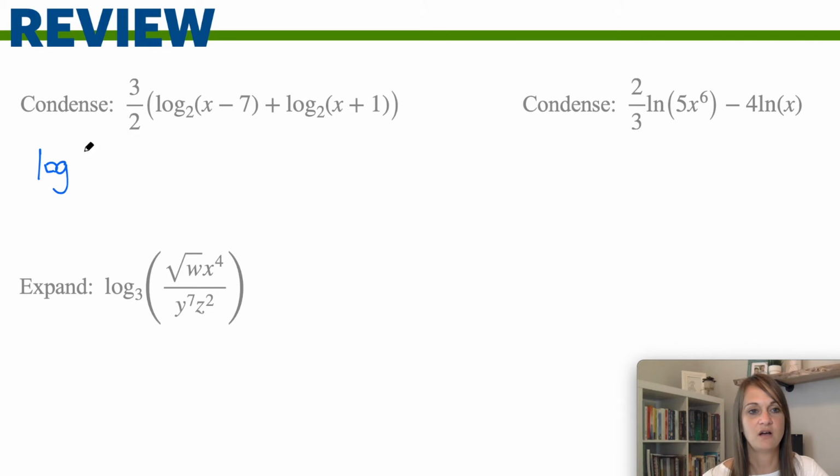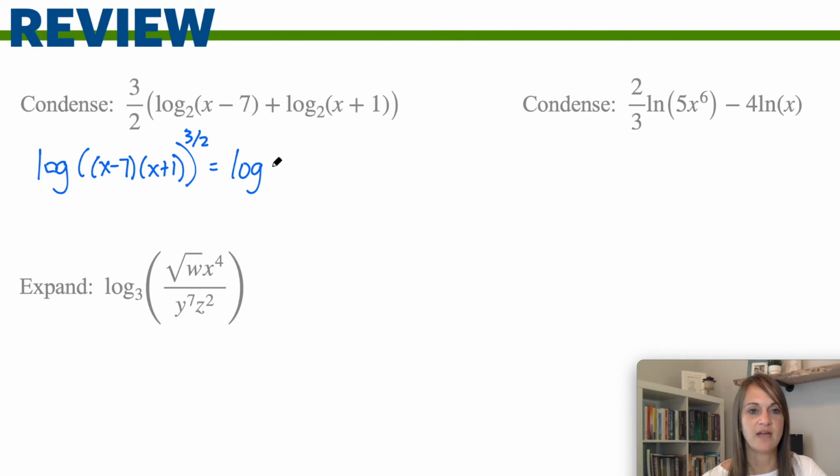So you have log of x minus 7 and x plus 1. You have two logs added, which means you multiply them, and all of that is being raised to the 3/2. You could leave it like that.